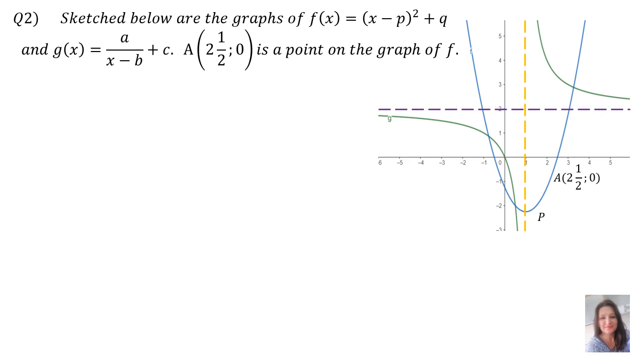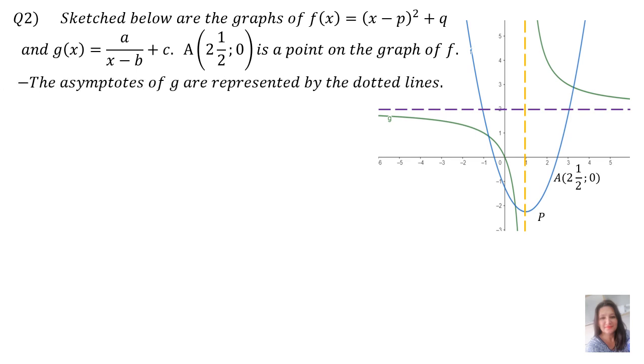Sketched below are the graphs of f of x is equal to (x minus b) squared plus q, that's the blue graph, that's the parabola, and g of x is a over x minus b plus c, that's the green graph, the hyperbola. A, the point (2.5, 0), is a point on the graph of f.